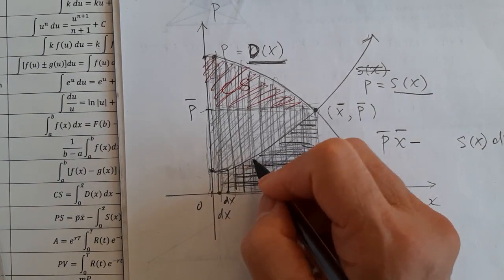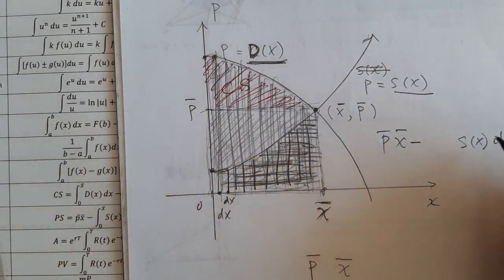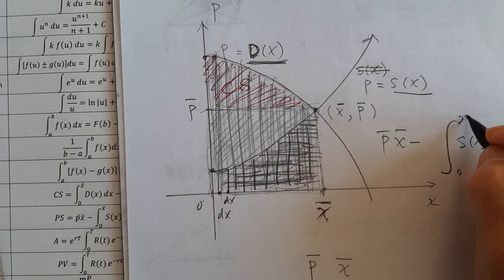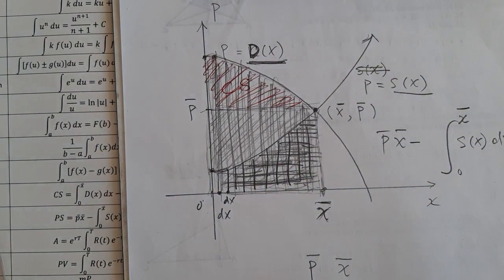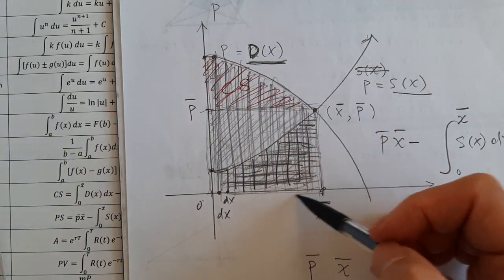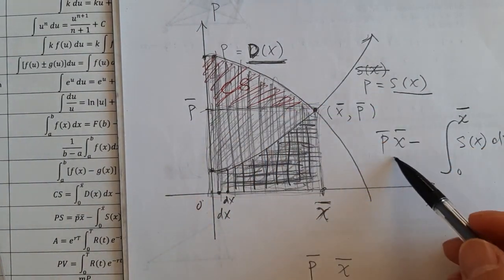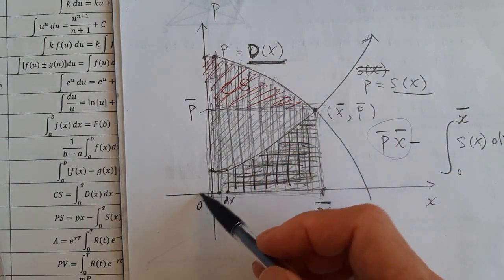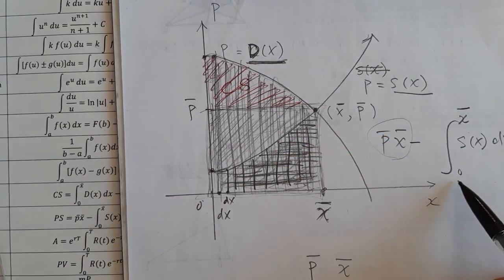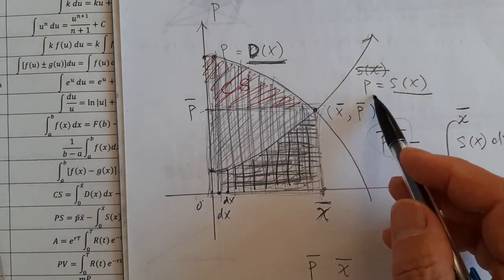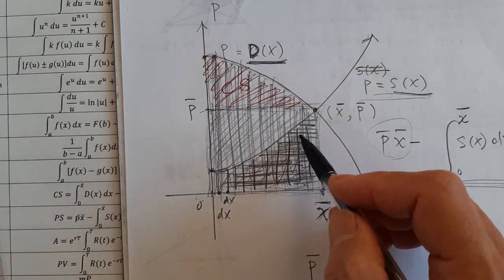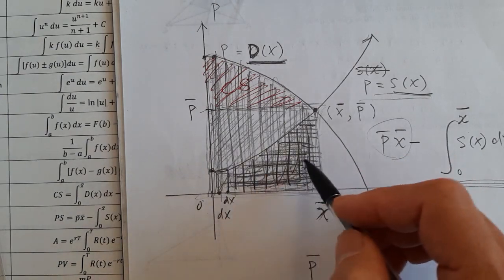And then you add them together, a continuous sum, from 0 to x bar. So for this area, it is so much money in the market, minus the supply, which is only available in this area.